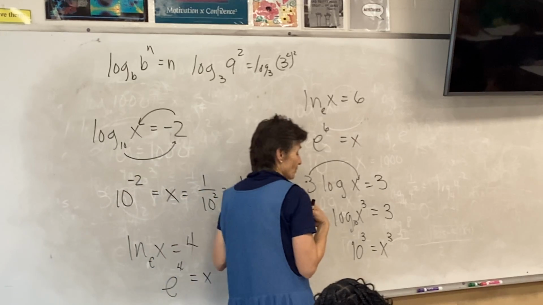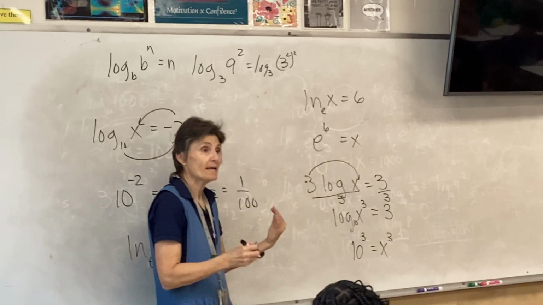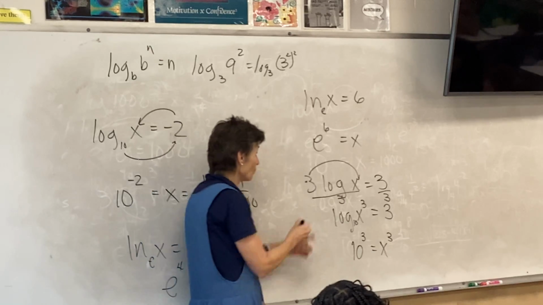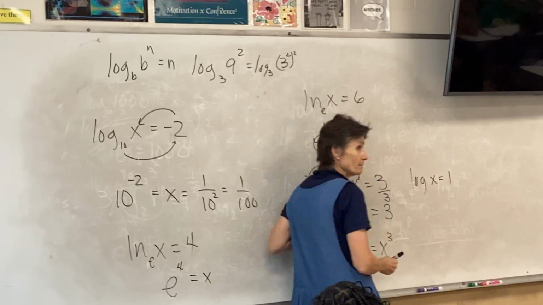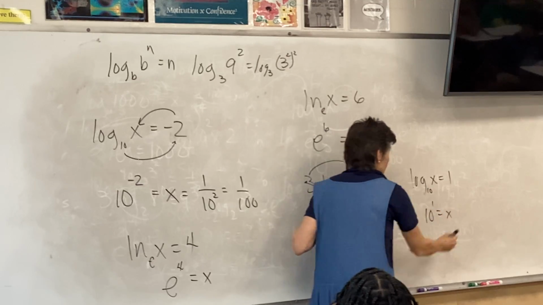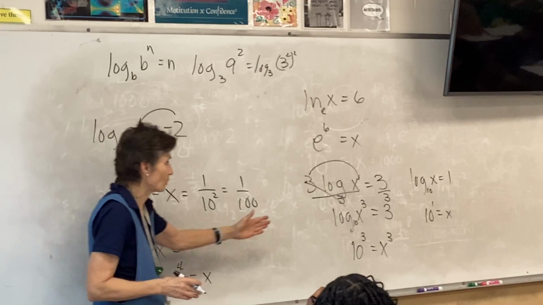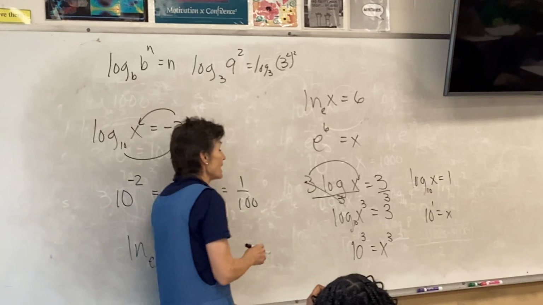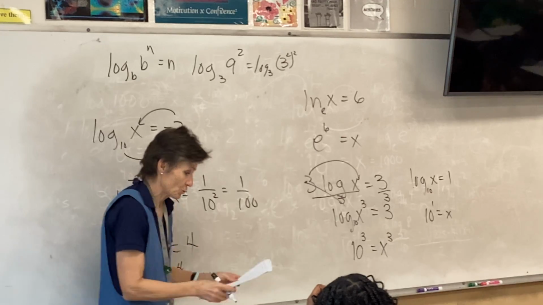But what I like to do is divide both sides by 3. This is an equation. You're allowed to do that. So what does it say now? Now it says log x equals what? So 10 to the 1st equals x. If I do that, I don't need to worry about cubes and all that, but it's okay. It worked out fine. It was easy. Not a problem either way. But in an equation, you are allowed to divide both sides if you wish.